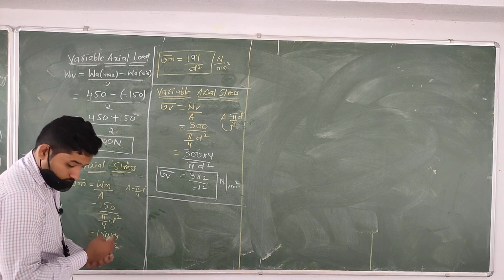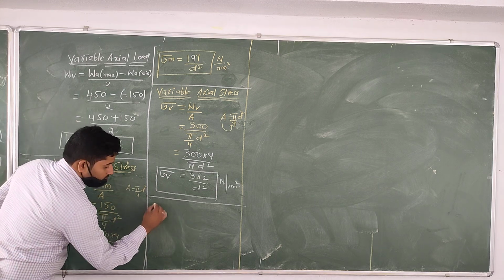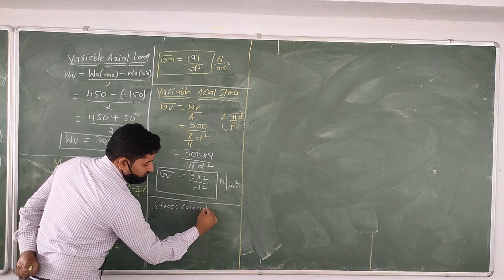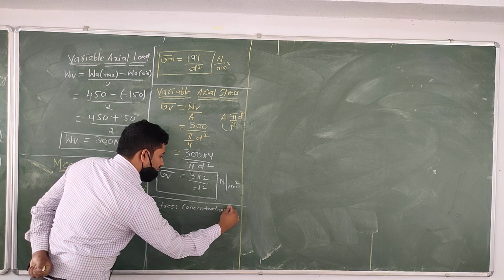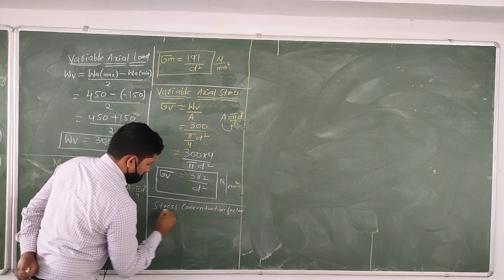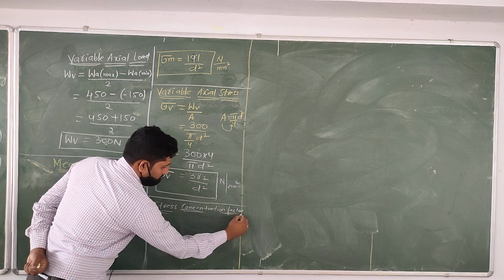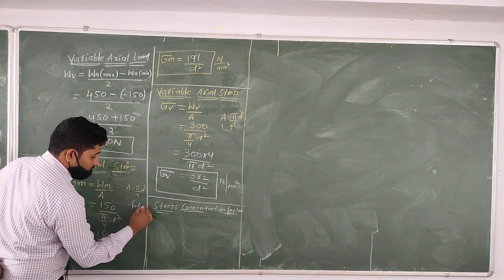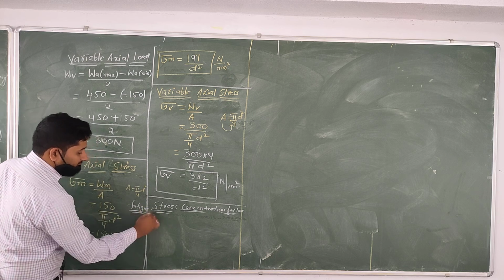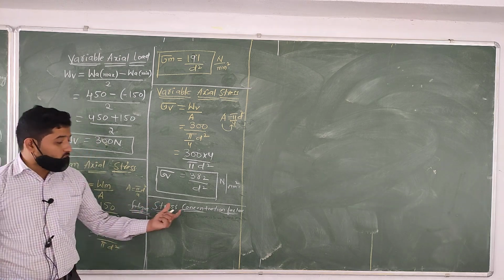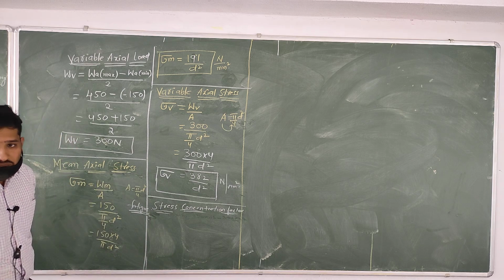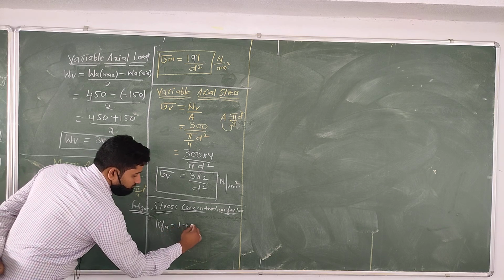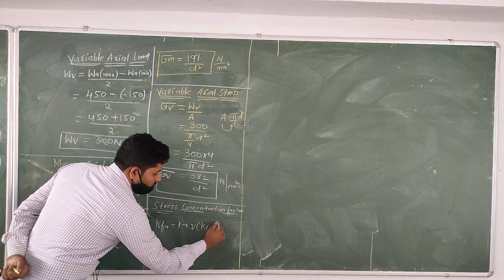Then the fatigue stress concentration factor, if you want to find it, you need to use the formula Kfa equal to 1 plus q into Kt minus 1.